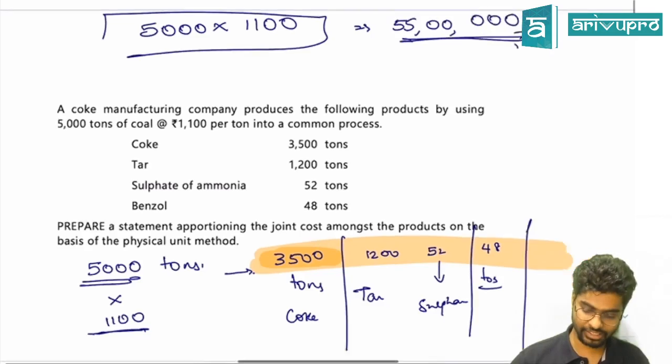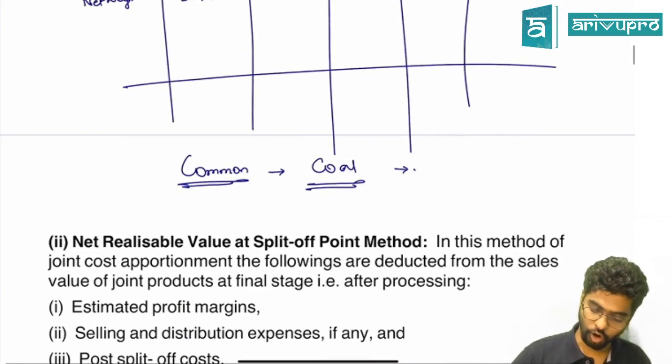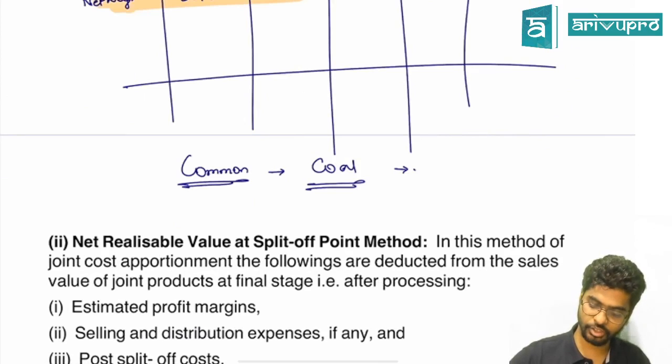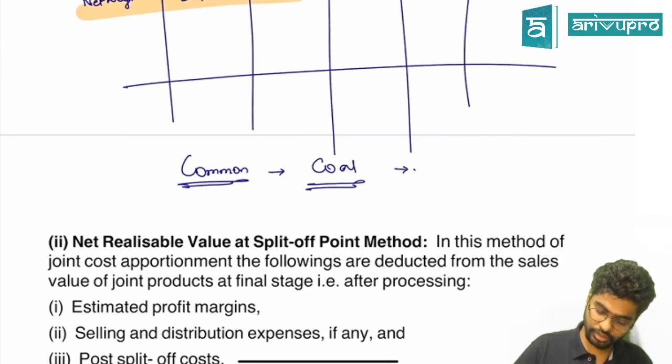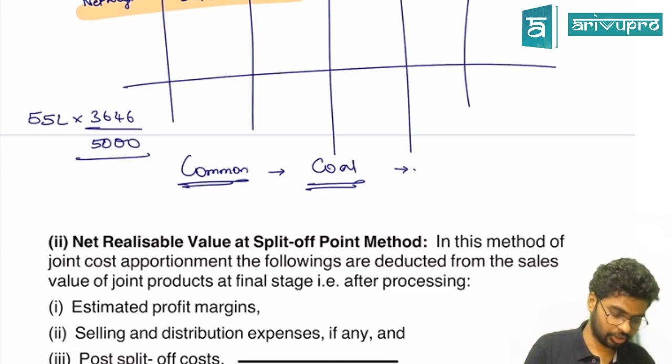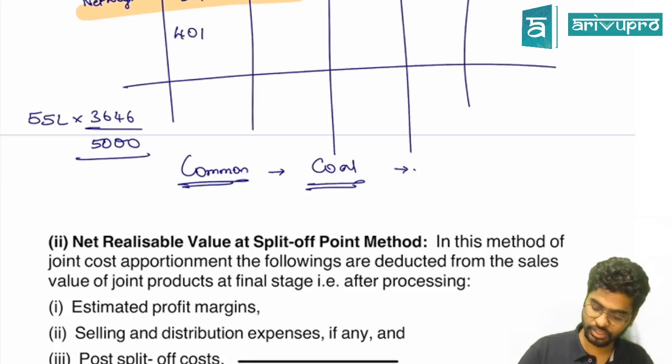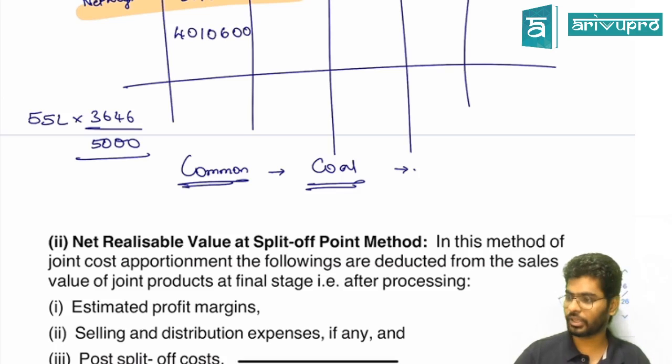This 55 lakhs cost, I have to divide between all the 4 of them in this ratio. So for the first one, it will be 55 lakh into 3,646 divided by 5,000. So do it, how much do you get?